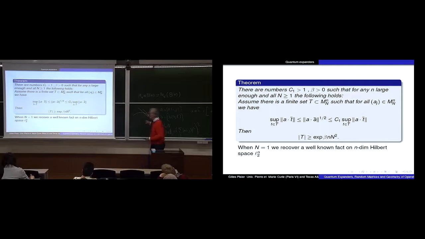There's a theorem that says you cannot do this with too few functionals. You need an exponential number of functionals in the dimension if you want to write the Euclidean norm, because it is a smooth norm. If you take, for instance, the L1 norm, that's a bad choice.